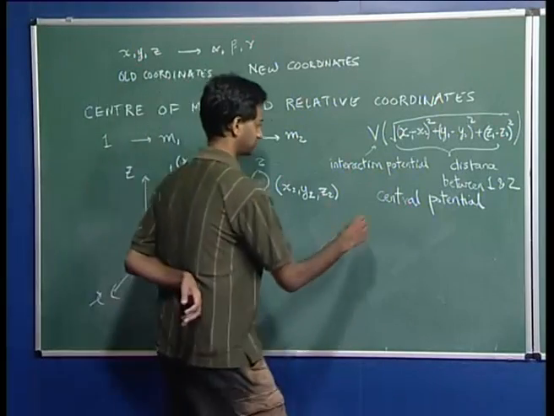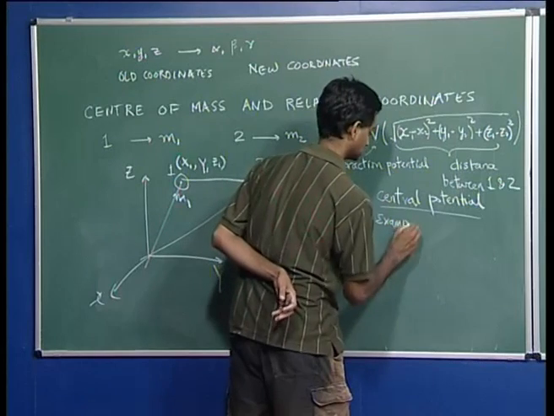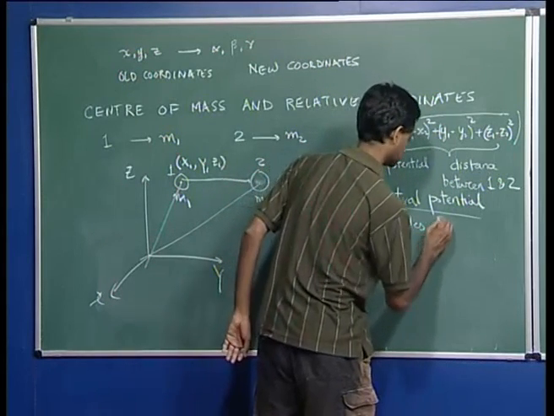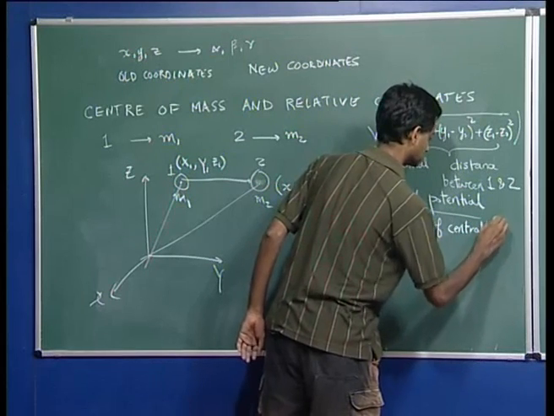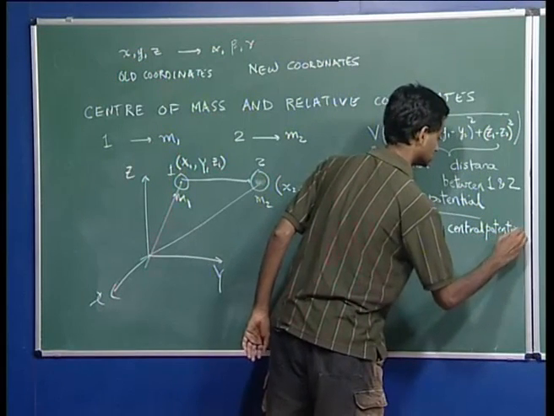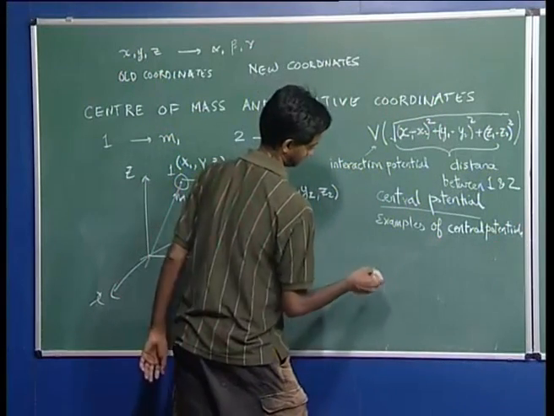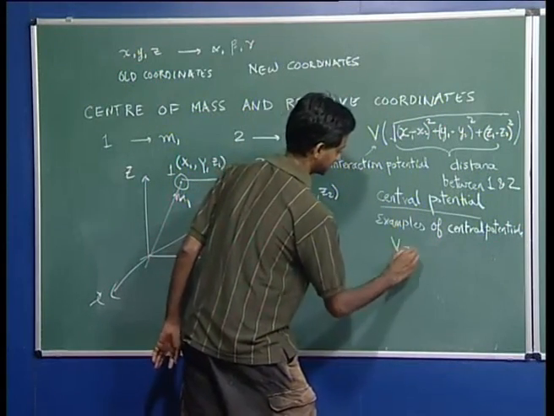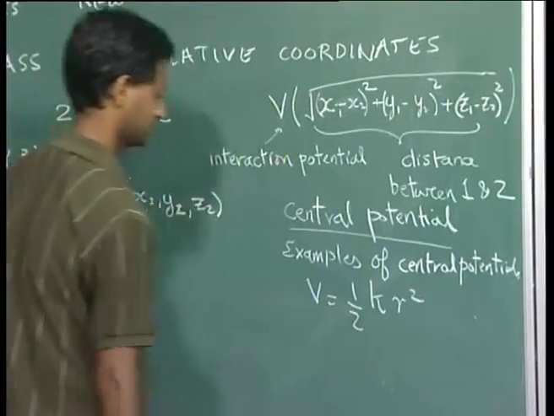Now, examples of central potentials. We can say V is equal to half k r squared.